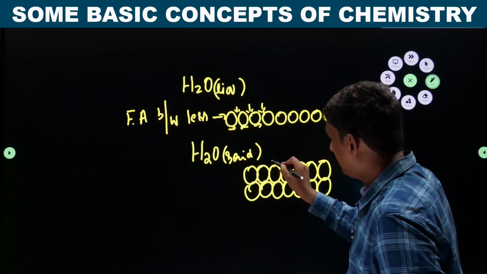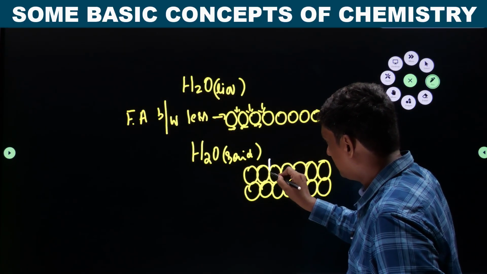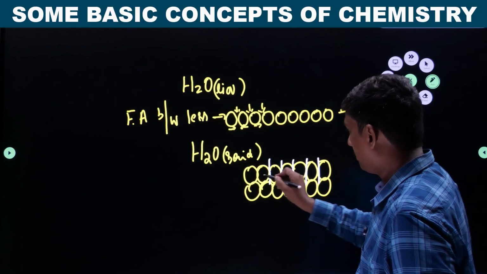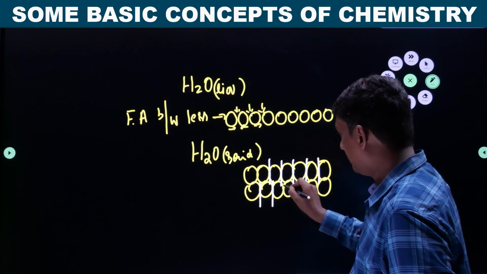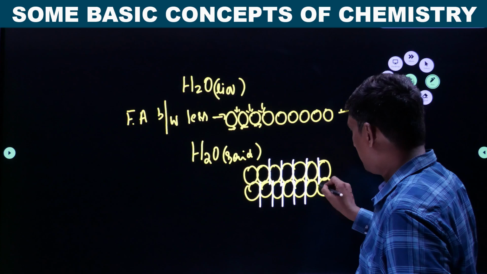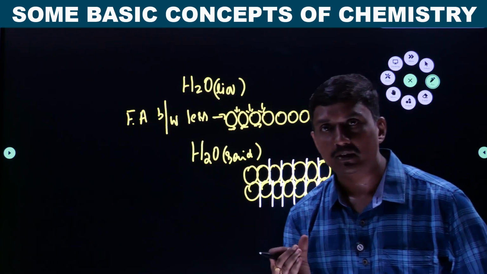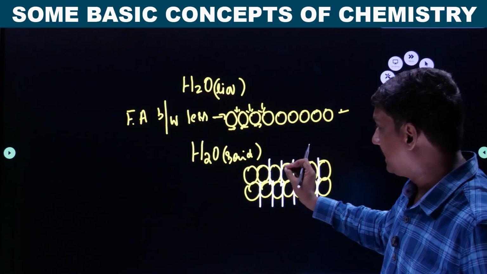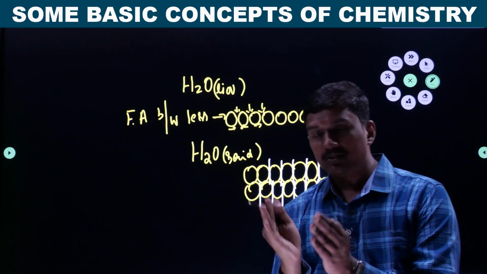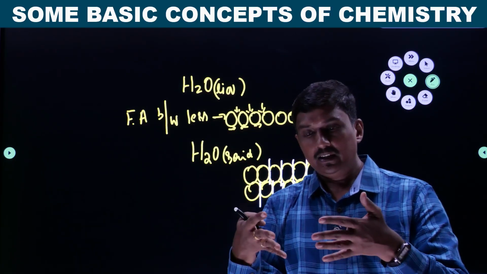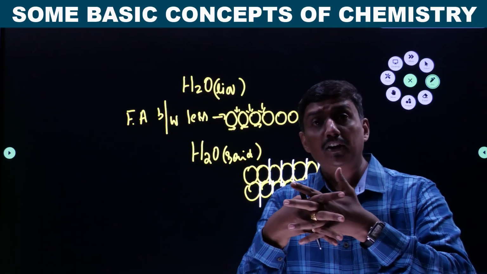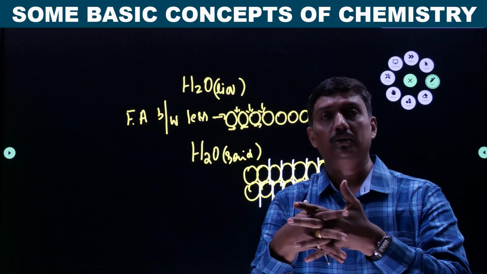Here the space between the molecules is very less. This is said to be intermolecular space. No intermolecular space, or negligible. Why is it negligible? The reason is these molecules are compactly arranged. They are tightly bonded together.